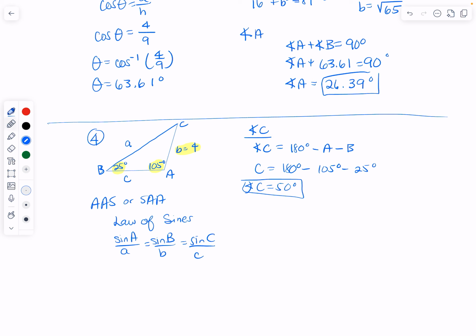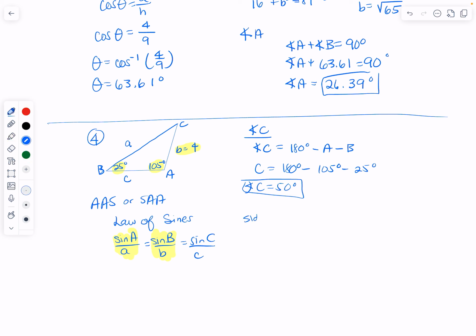I'm looking at this and I was given initially angle B and side B, so I'm definitely going to use this to solve. And I'm going to go ahead and find side A. So I'm going to use these two.